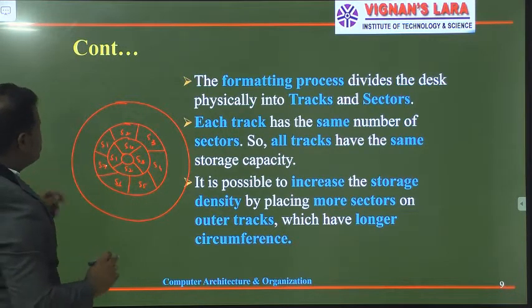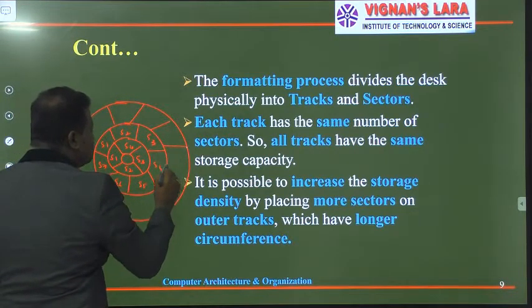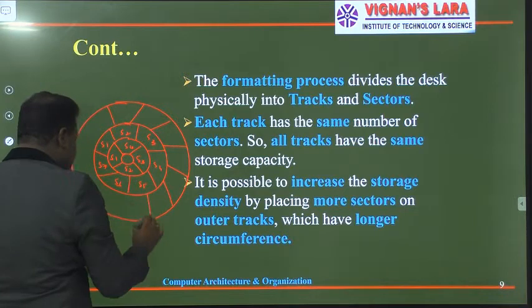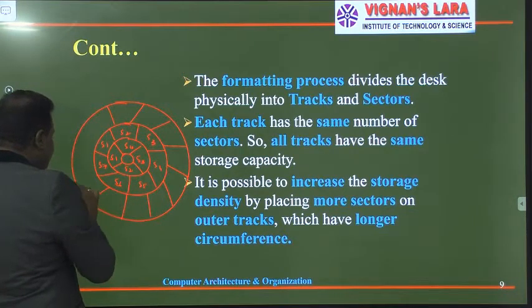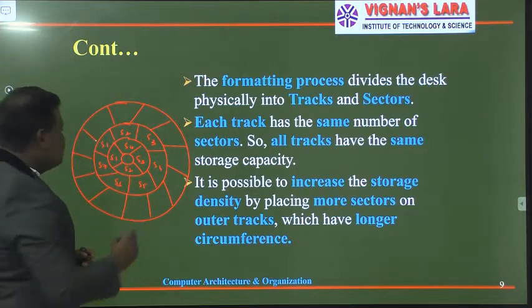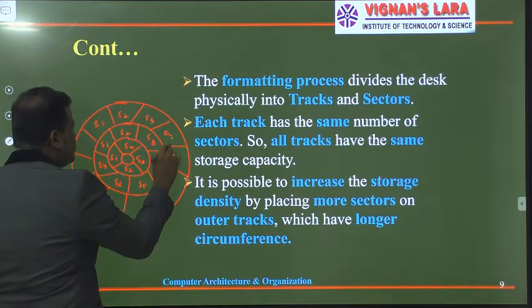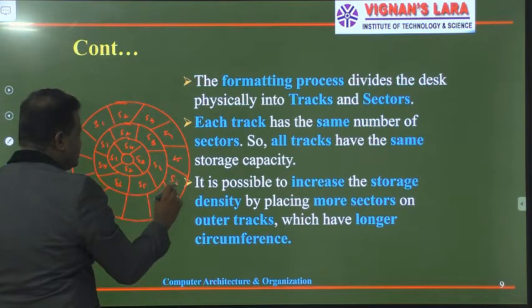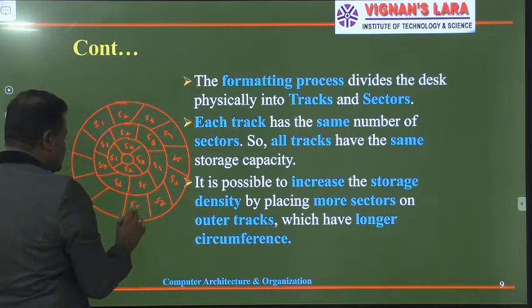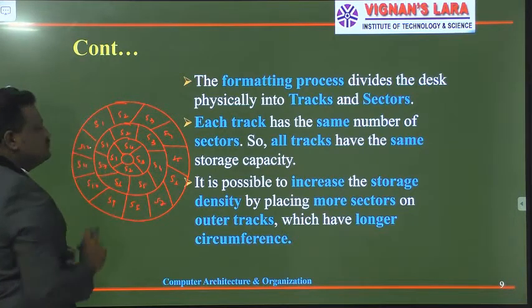If I go for the outer one, I can incorporate more and more sectors like this. Then automatically the information I can store on this disk can be increased. For example, here it is S1, S2, S3, S4, S5, S6, S7, S8, S9, S10, S11, S12.